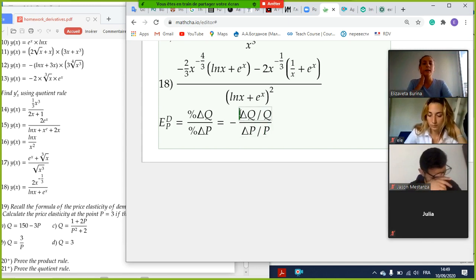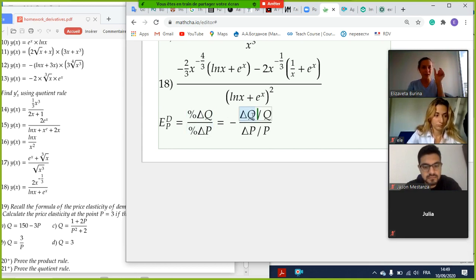Because here I'm just taking absolute values of the increments. You know how you calculate percentage change? Second value minus first value over first value times 100. So that is the percentage change. If we expand here and here, we get pretty much the second value minus first value, which is the increment, over the first value, and then the same for the price, times 100 for the numerator of this fraction and the denominator of this fraction.